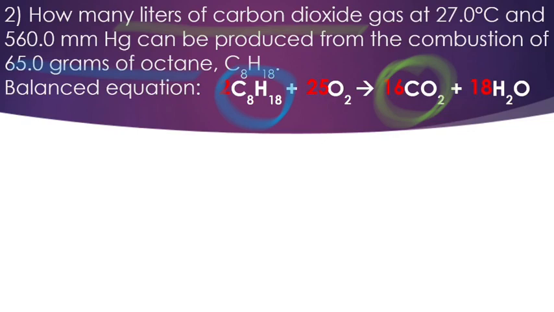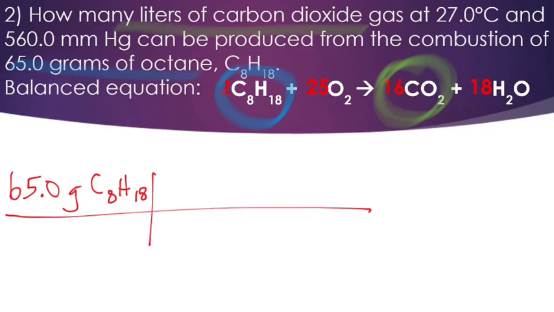And as I'm looking at all the numbers that I've got, the easiest and really only way that we can get to moles right now is from these grams. If we've got grams, we can turn those into moles with a little bit of help from our periodic table. So that grams number is going to be the number that I start with.